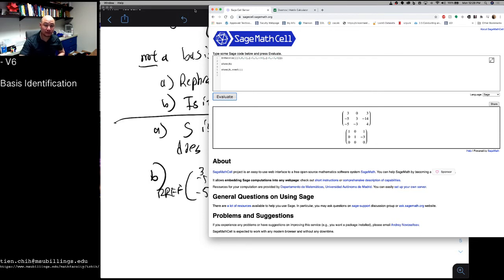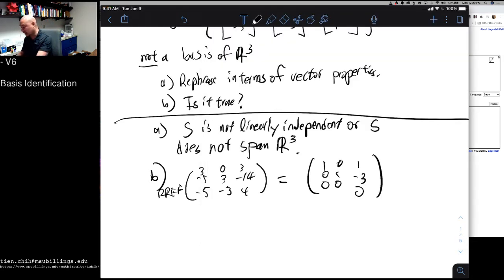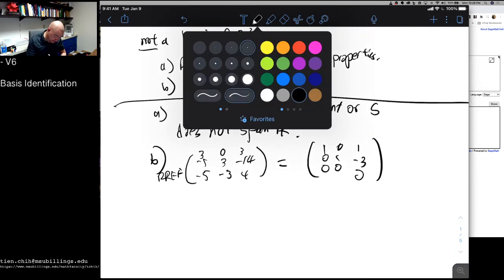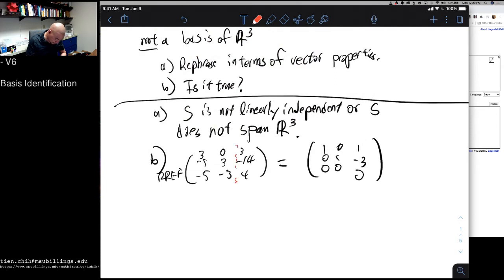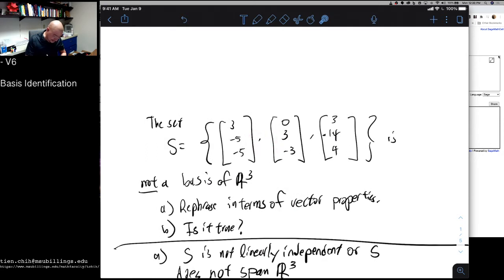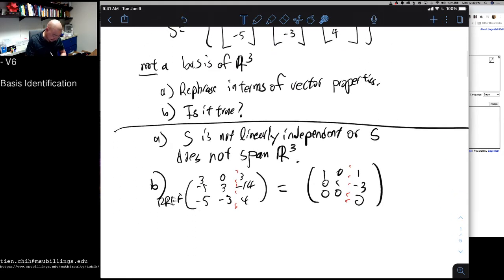So let's take a moment and take stock of what this reduced row echelon form means. If I were taking these first two vectors and trying to combine them to get this last vector, this, with the red dotted line, would be the augmented matrix form, and this would be the solution to the corresponding vector equation. And what we observe is that this vector equation has a valid solution.